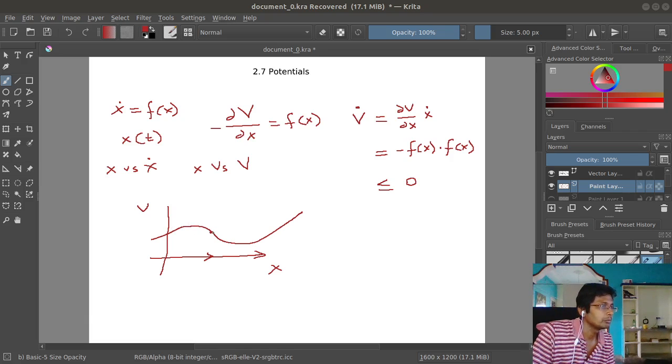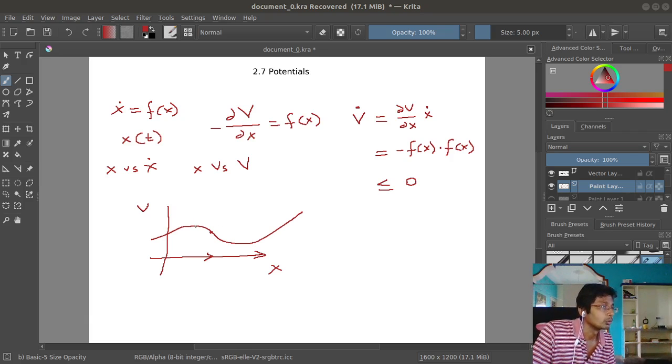For a given x value, it is the tangent of that curve at that x value, which is minus f of x. So if v dot is 0, then f of x is 0, which means the slope of this curve is 0. So that's the point where we obtain our fixed points.